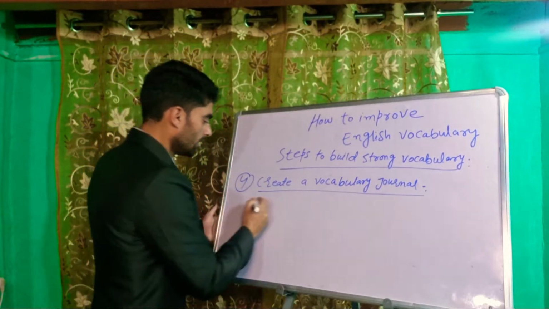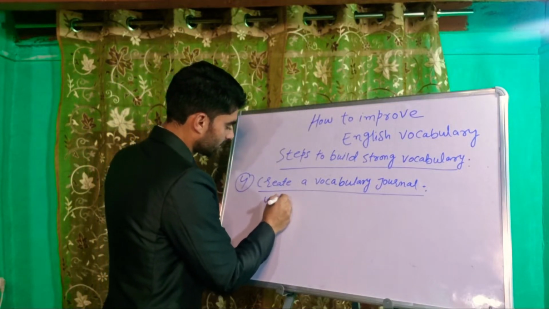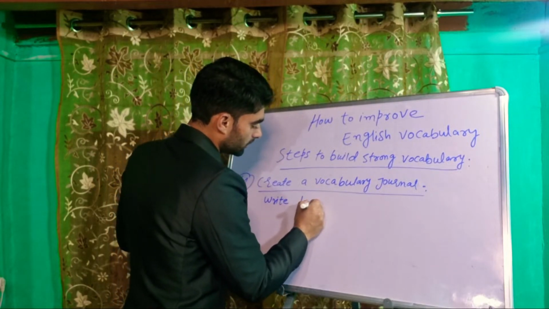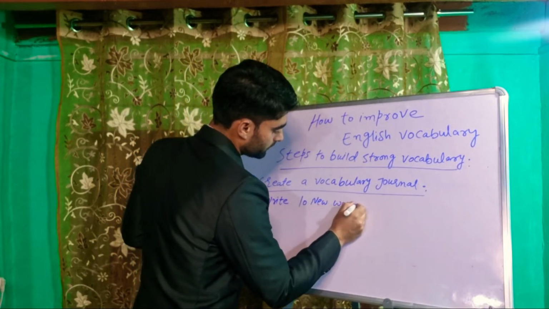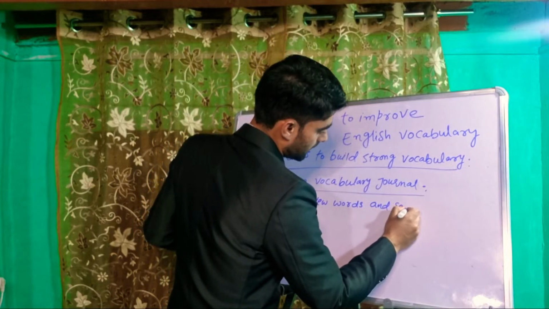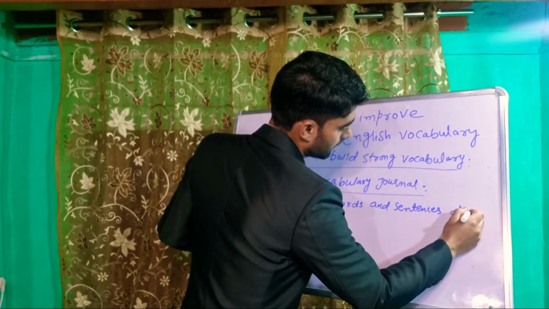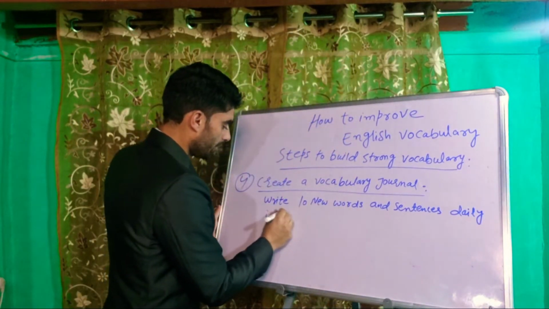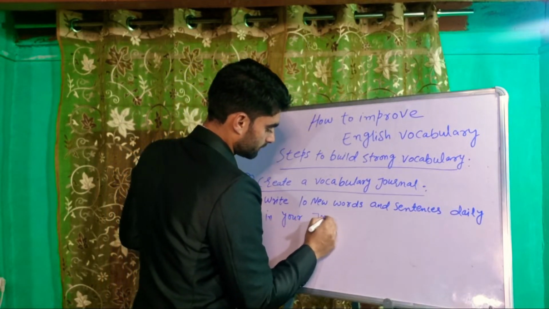For an example, try to write 10 new words and sentences daily in your journal. Okay, in your vocabulary journal.